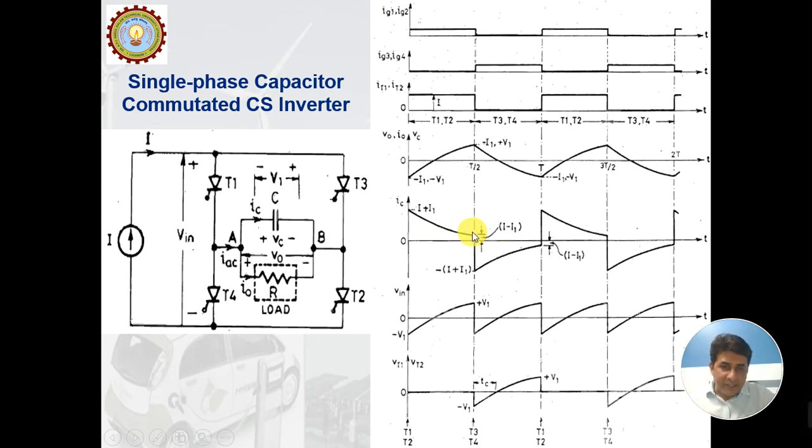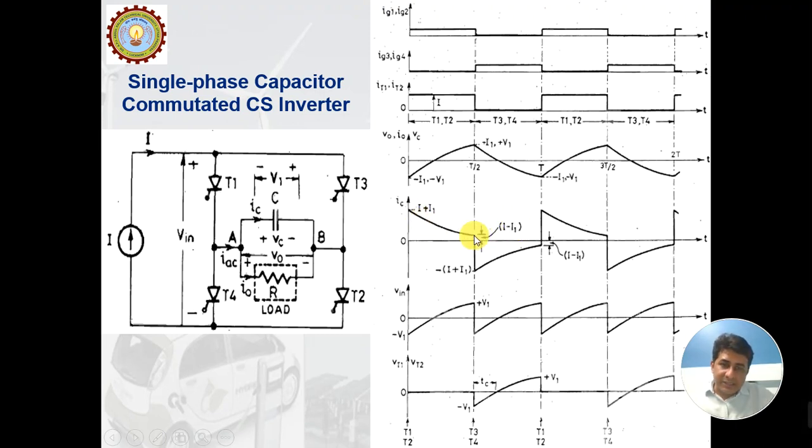This is the point when the capacitor current is reduced from I plus I1 to I minus I1. Why? Because I1 earlier was negative here, and here the direction of current is completely reversed. Earlier it was the current I plus I1 flowing through the capacitor. Here also it is the same, but because the direction of current I1 is reversed, we write it as I minus I1.